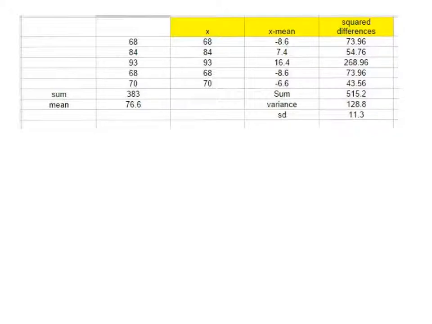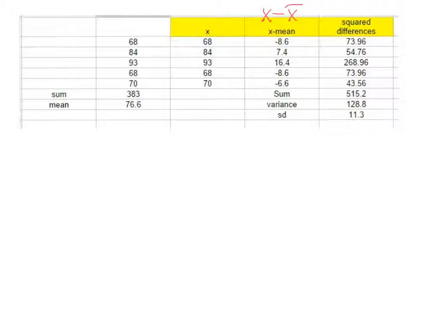All I did was set up this table and put the values in, and then you need to find the mean, because variance is a measure of the average distance between the numbers and the mean. So once you find the mean, symbolically what we're doing is x minus x bar.